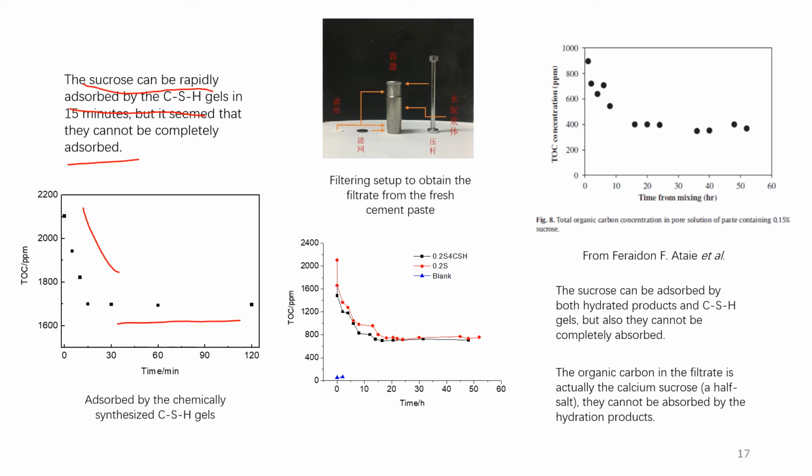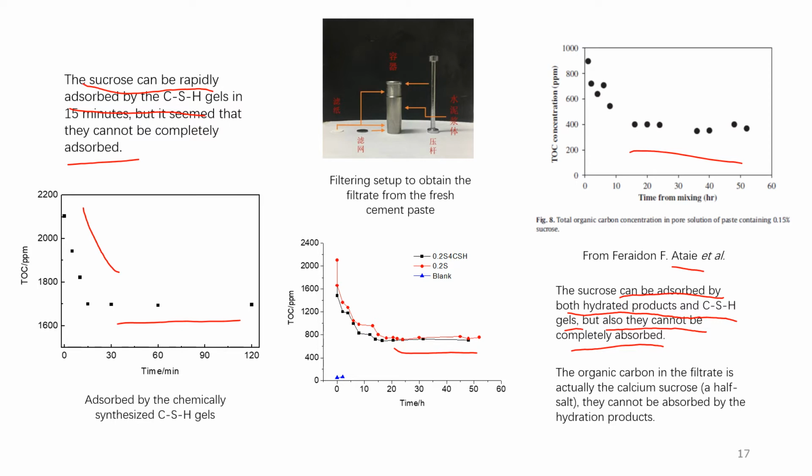And in the cement paste with sucrose addition, and with sucrose and CSH gel addition simultaneously, we can see that the sucrose can be adsorbed by both hydrated products and CSH gels, but also it cannot be completely adsorbed like this. And in the filtrates, there is still some TOC, and this is the testing result by Dr.